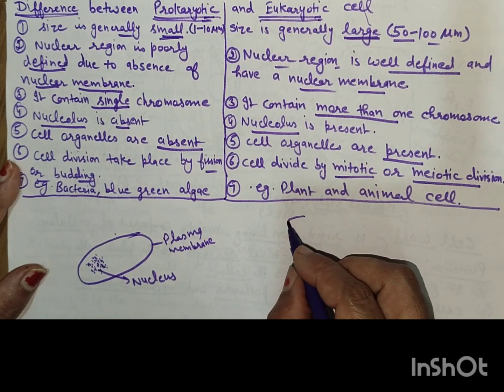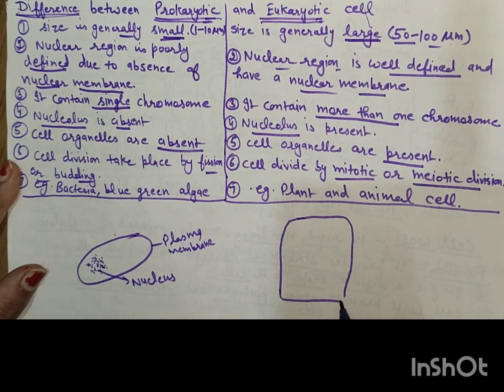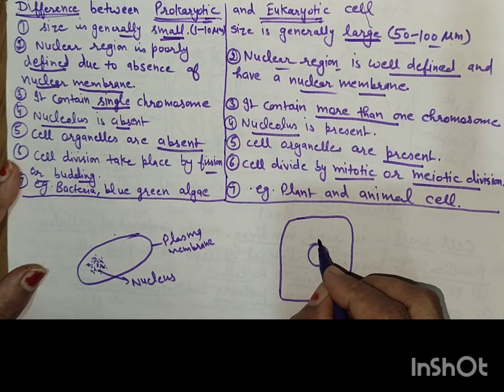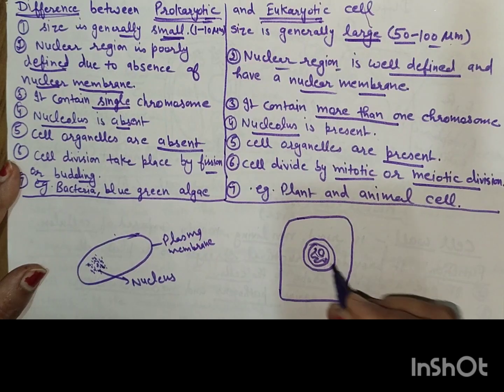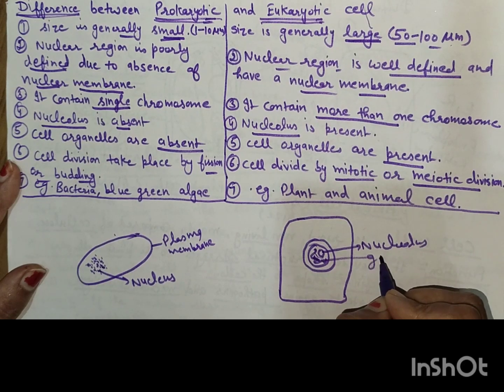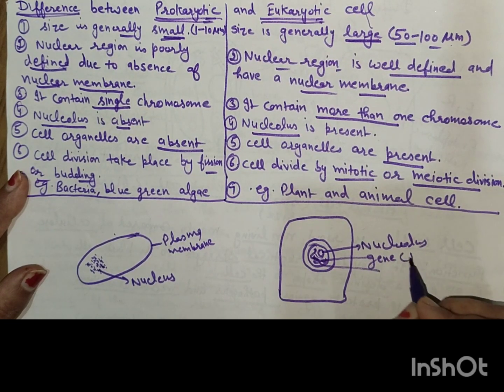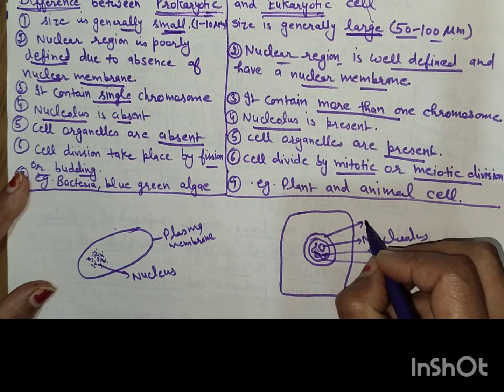Now, the eukaryotic cell is the plant cell or animal cell. Here, a well-defined nucleus is present, nuclear membrane is present, nucleolus is present, chromatin material is present, gene or DNA is present, and nuclear membrane.